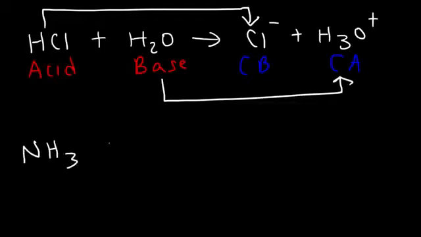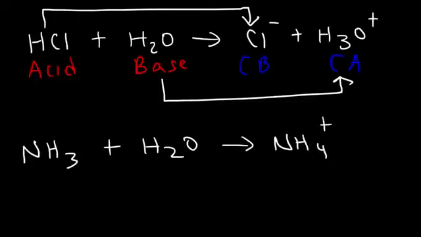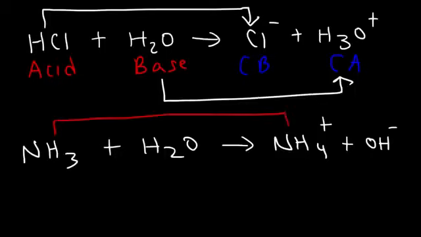Let's look at another example. Ammonia, when it reacts with water, produces NH4 plus and OH minus. In this example, identify the acid, the base, the conjugate acid, and the conjugate base. So notice that NH3 gained a hydrogen, turning into NH4. So therefore, it's the proton acceptor, which means NH3 is the base in this example.